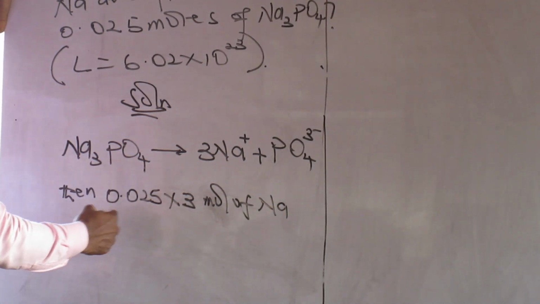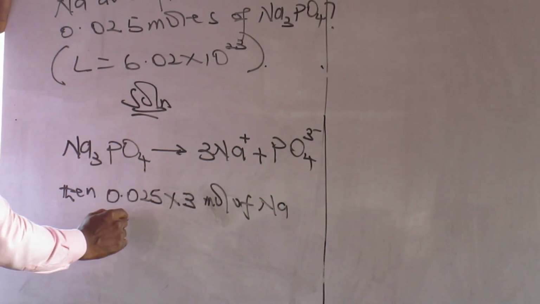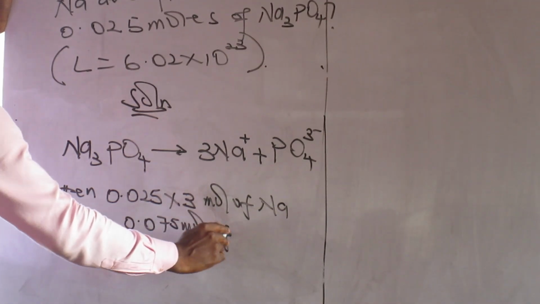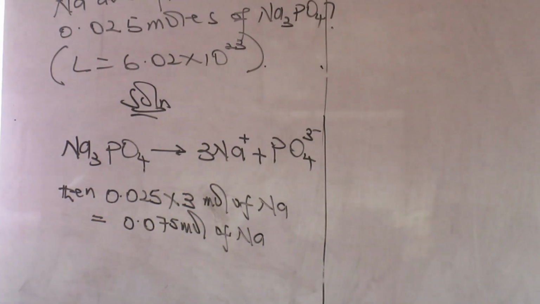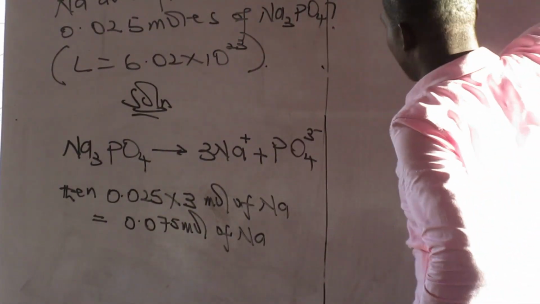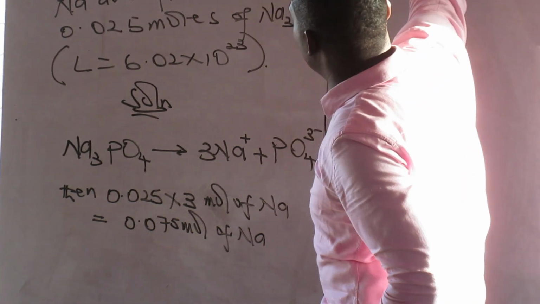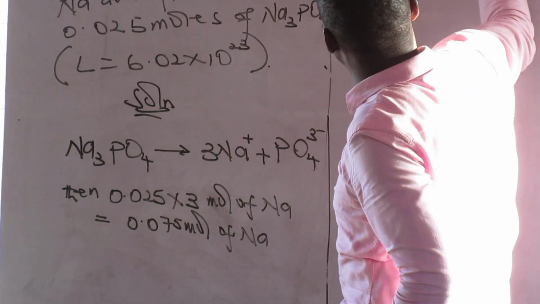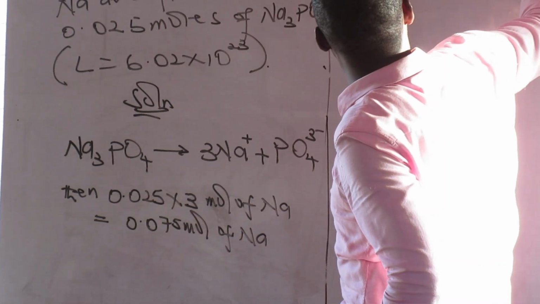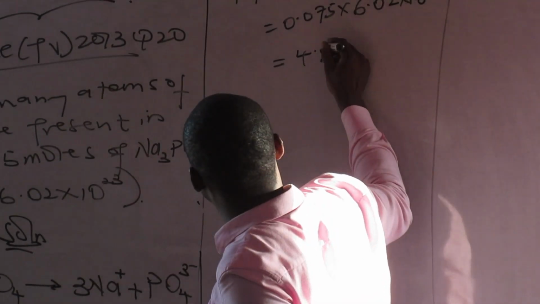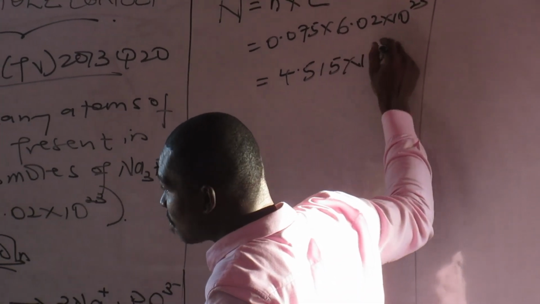So that is the quantity of sodium I have here. Now, how many atoms? 0.075 by what? Avogadro. 4.515 times 10 to the power 23.